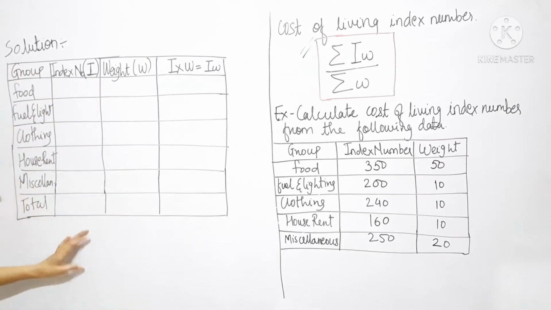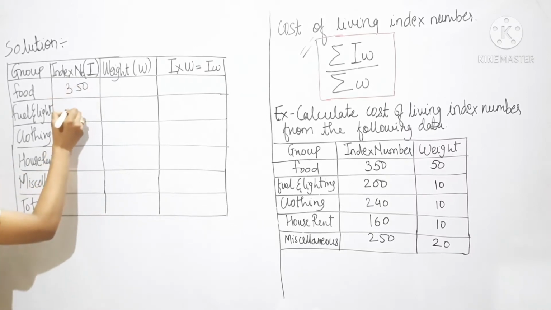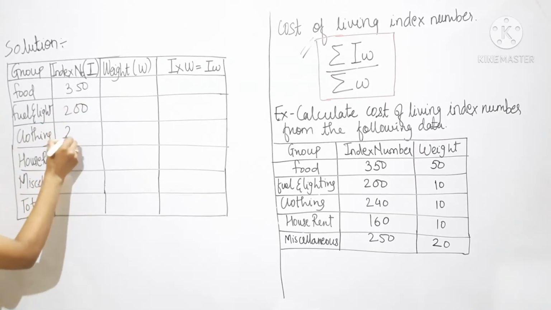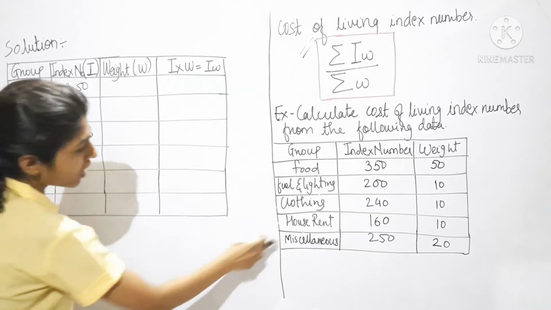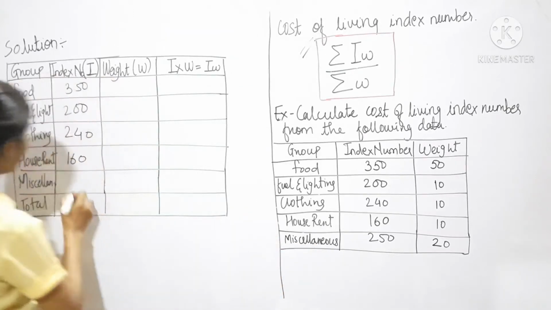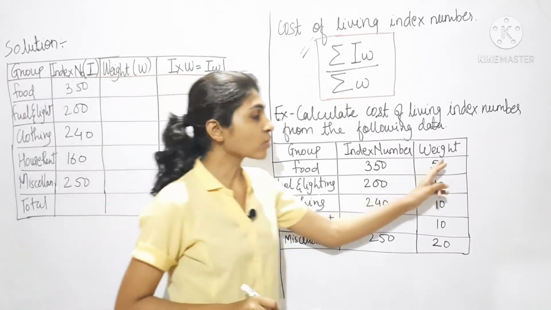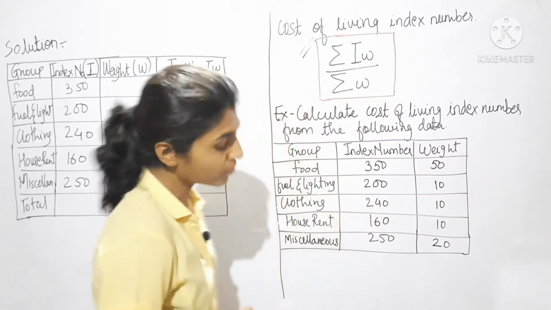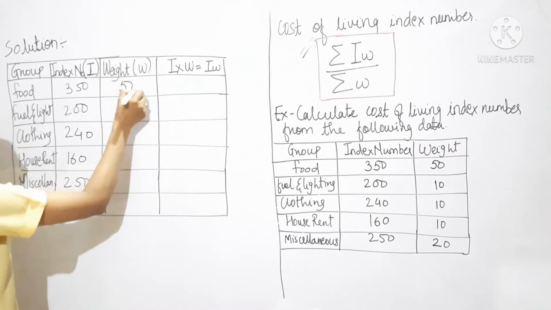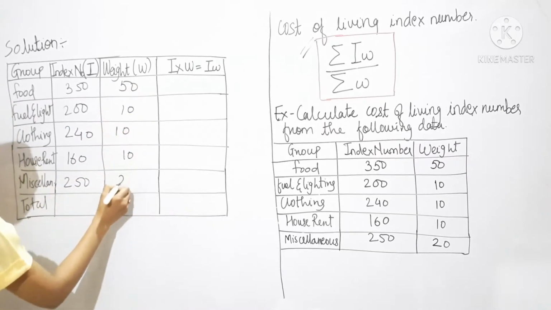Of index number here: food is 350, fuel and lighting is 200, clothing is 240, house rent is 160, miscellaneous is 250. Now weight we denote as small w. Write all the weights in the weight column: 50, 10, 10, 10, 20.